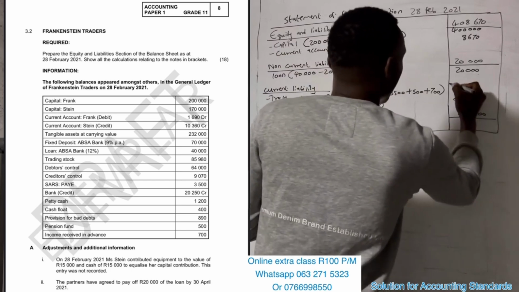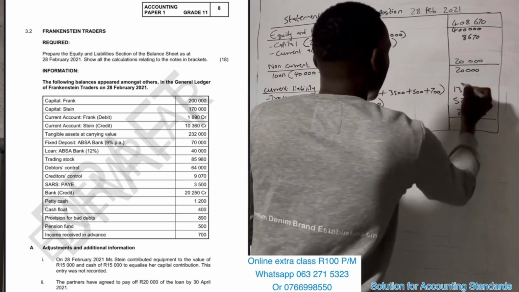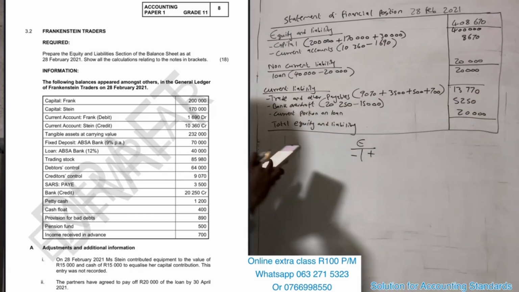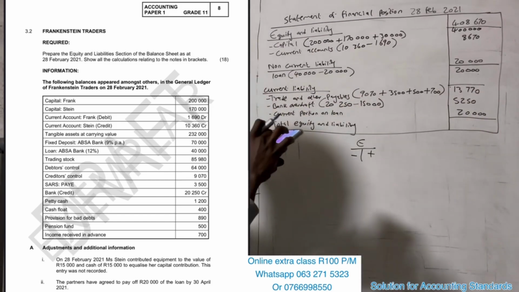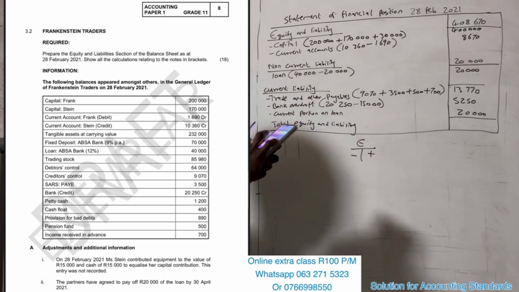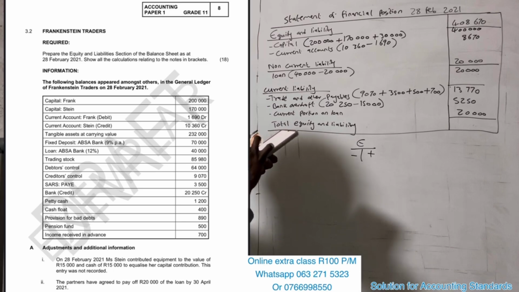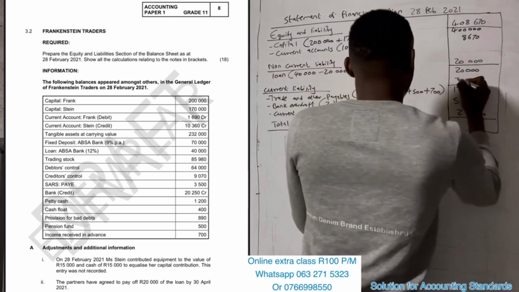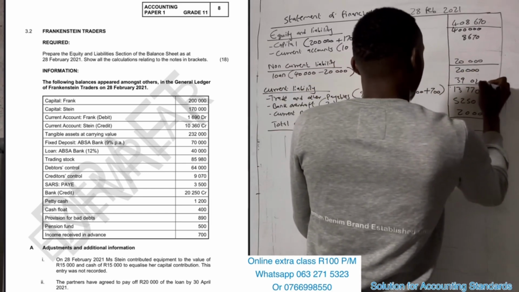Let's add totals. Firstly, you have to get a total of current liability. Let me calculate, because I didn't calculate on my notes. 13,770 plus 5,250 plus 20,000 is going to give you 39,020.